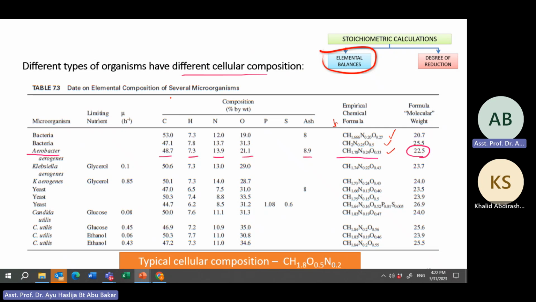Or perhaps this table will be given and it mentions, let's say, the system involves Candida utilis. So you should extract all the info from here. You have the chemical formula and the formula molecular weight.